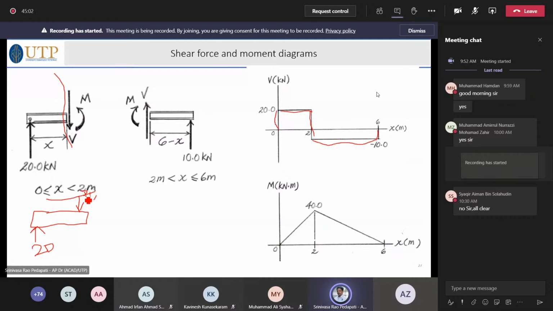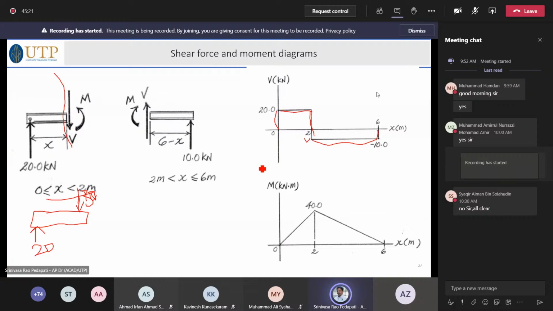Therefore, the equation here is 30 kilonewton minus 20 kilonewton. So net force is minus 10 downward. That is what is shown here. So you can obtain the shear force diagram very quickly.